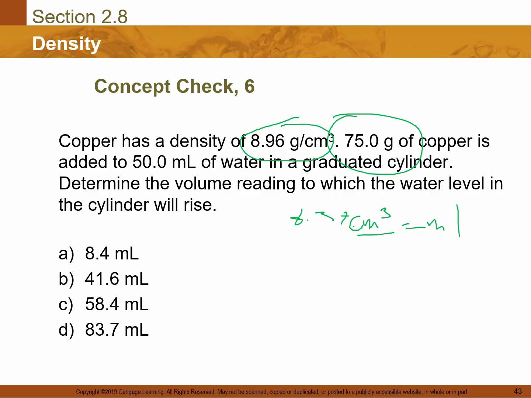If we add that to our 50 mils, because that's how much we had initially, 50.0, and this is 1 decimal point, this is 2 decimal points, so plus 8.37 would give us a final volume recording of, drumroll please, 58.4 milliliters. 58.4.